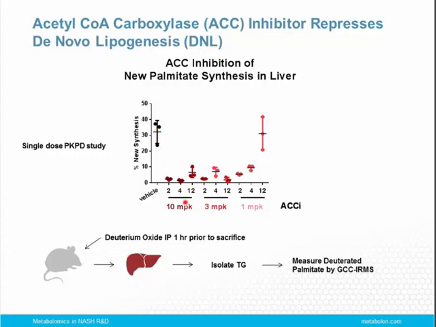And then you can see that as you dose down, the de novo lipogenesis comes back up to vehicle levels after 12 hours. And so this 1 mg per kg dose has partial target coverage over the 12 hours. So you'll see in the experiment that we include this dose to show partial coverage, and then we also include a higher dose that should be complete target coverage over the course of the experiment.